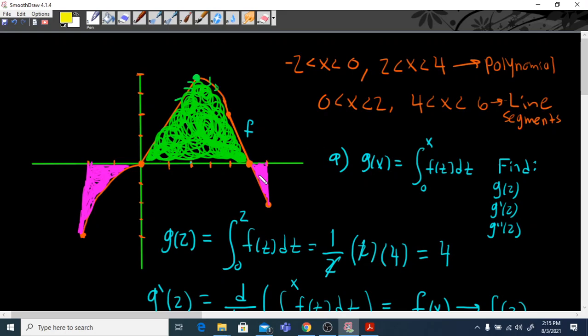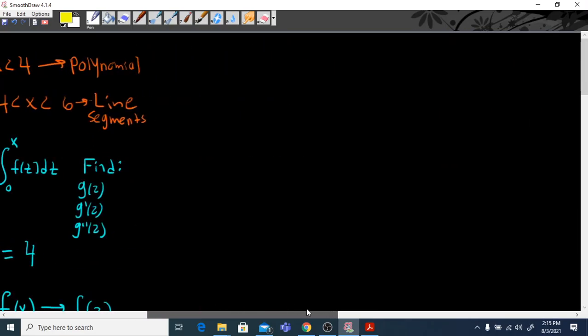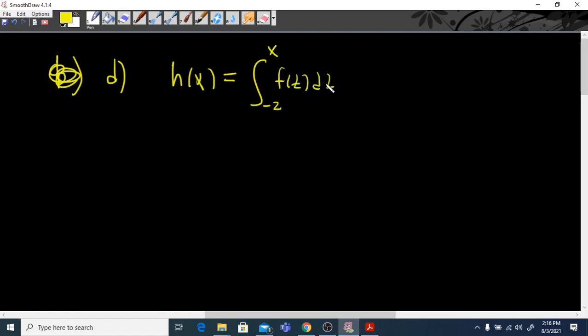There is one more part to this problem. We've done parts 1, 2, and 3. There's one more part, and that is part D. It's still the same function h, which is the integral from negative 2 to x of f(t) dt.